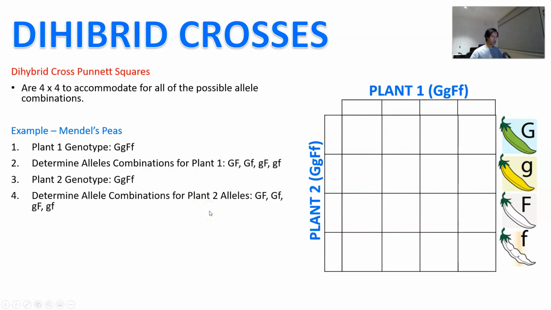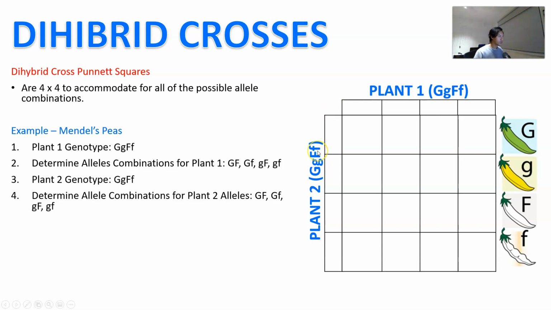So let's go with an example. Let's go with Mendel's P's, the same example of green pods and flat or wrinkled pods. Let's say you had plant 1 with capital G, lowercase g, capital F, lowercase f, which will have green pods and inflated pods, mixed together with plant 2, which is the same: capital G, lowercase g, capital F, lowercase f.